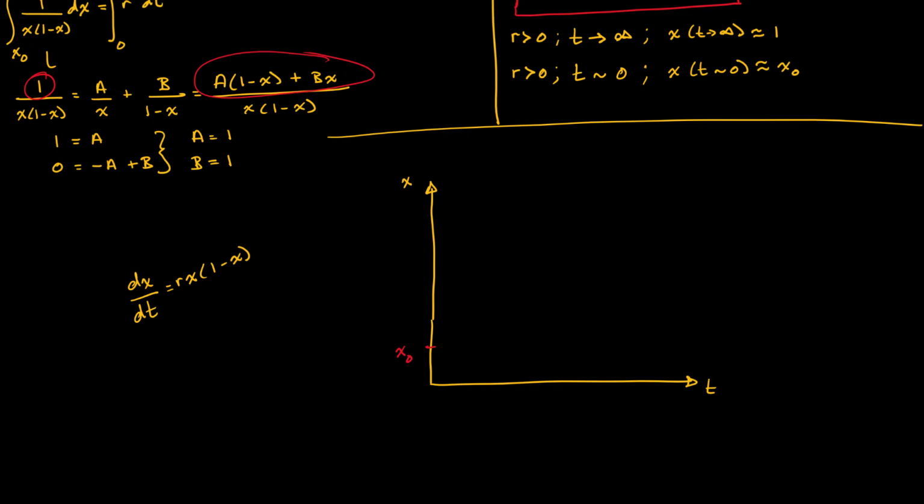So for early times, x is fairly small. And therefore, this bracketed term here is approximately equal to 1. So in the early stages, we actually have more or less exponential growth, because our differential equation is more or less just equal to rx, which we found to give us exponential growth.